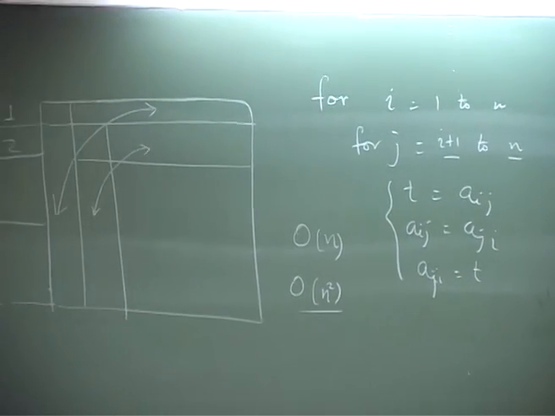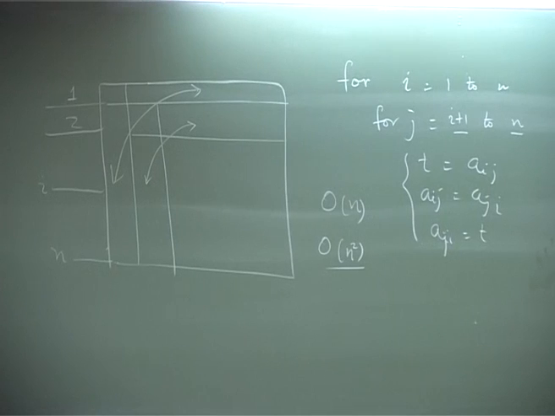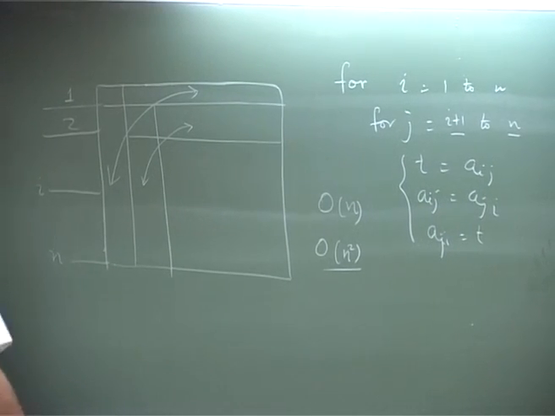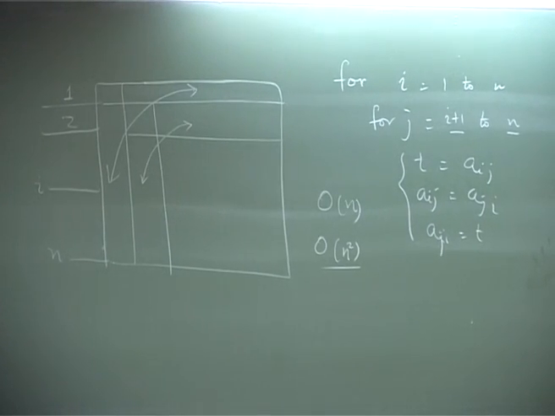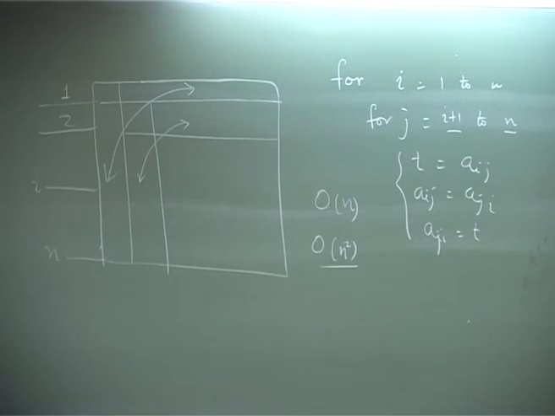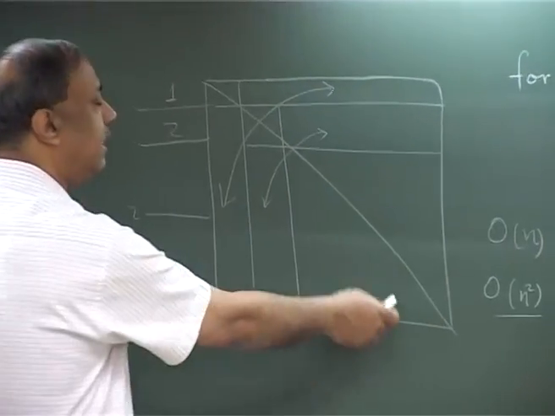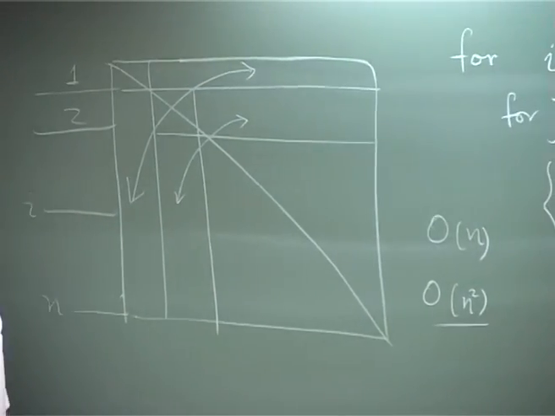Now suppose I use n square processors. Do you need n square processors? Because if I have n square processors, these processors are idle. Basically, they will not be doing any job.